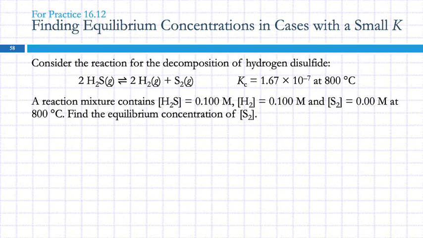Let's do another one. So here we have the decomposition of hydrogen disulfide. Reaction mixture contains these quantities at 800 degrees Celsius. Find the equilibrium concentration of the sulfur gas. 800 Celsius. Yeah, that's pretty toasty.